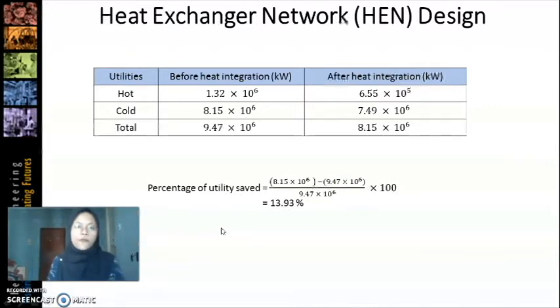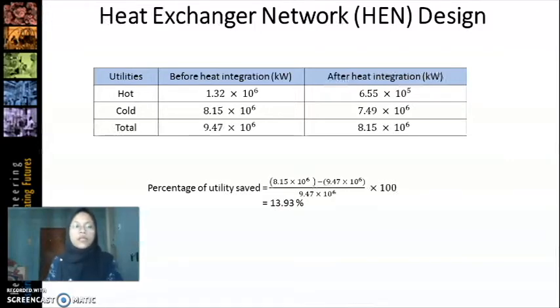Okay, from the simulation we did in the HINT software that I just explained, we can conclude that by applying heat integration, the consumption of both hot and cold utilities can be reduced in the chemical process plant.